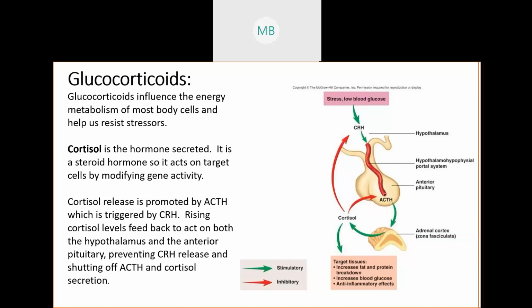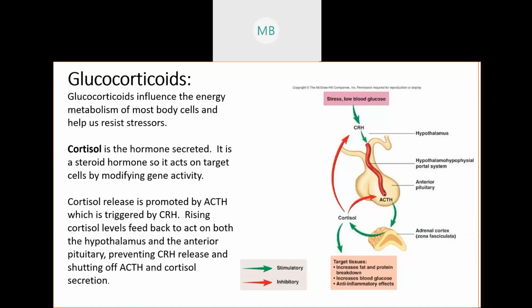Your cortisol also has a primary metabolic effect on gluconeogenesis, or your body's ability to form new sugars out of fats and proteins that it breaks down. Gluco, sugar, new, genesis, creation. So gluconeogenesis is the process by which your body is breaking down other things to create sugars, like it breaks down fats and proteins.